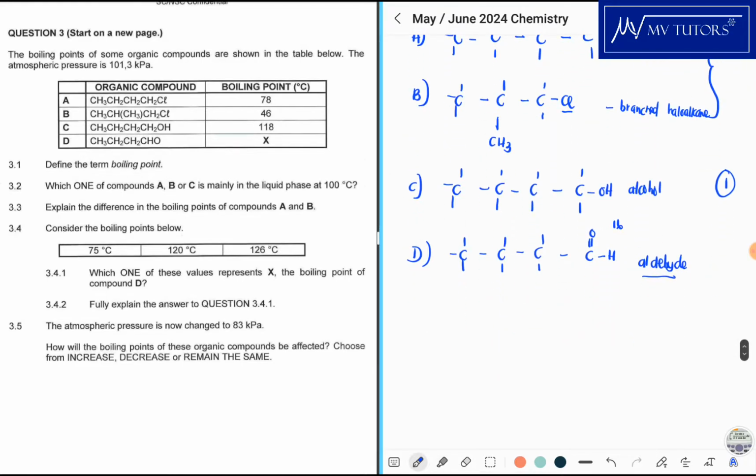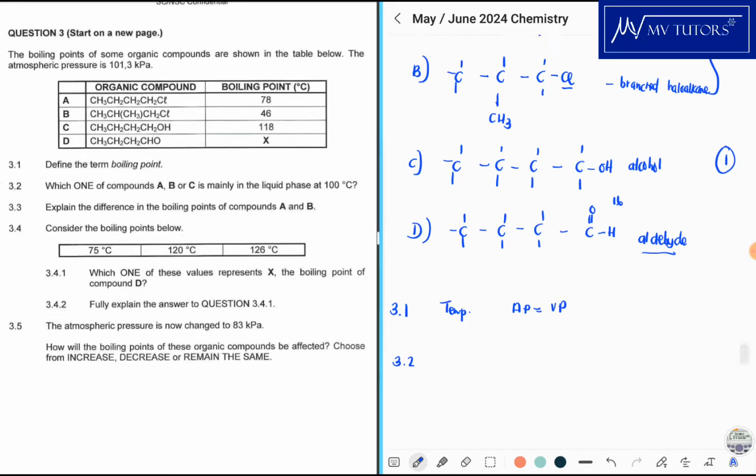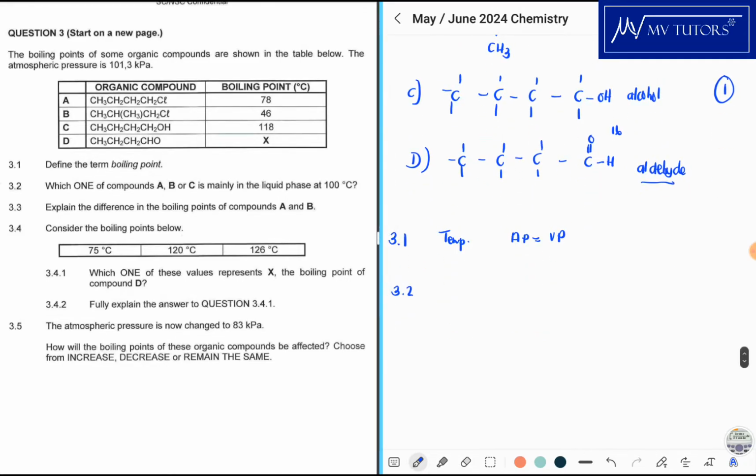We'll continue ranking. Now 3.1 says, define the term boiling point. So the boiling point is basically the temperature at which the vapor pressure of a substance is equal to the atmospheric pressure. 3.2, which one of compounds A, B, and C is mainly in liquid phase at 100 degrees?